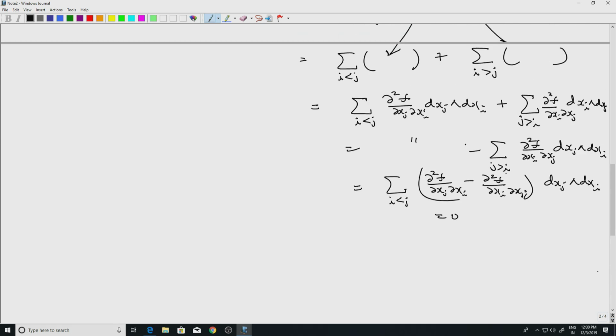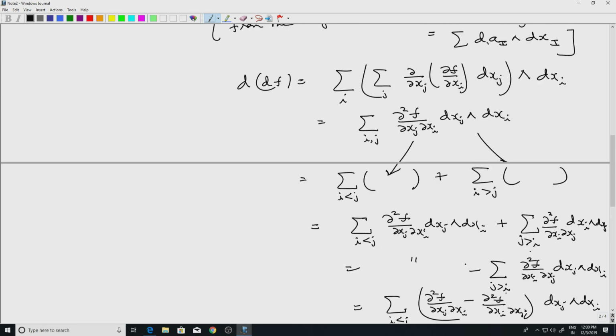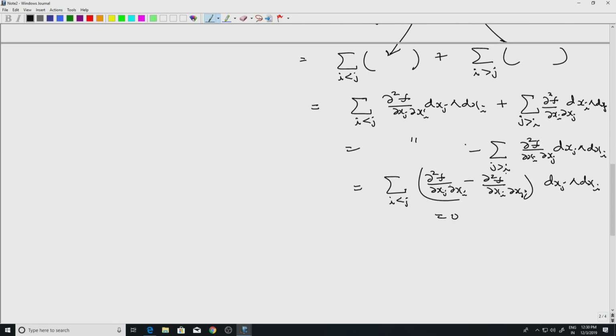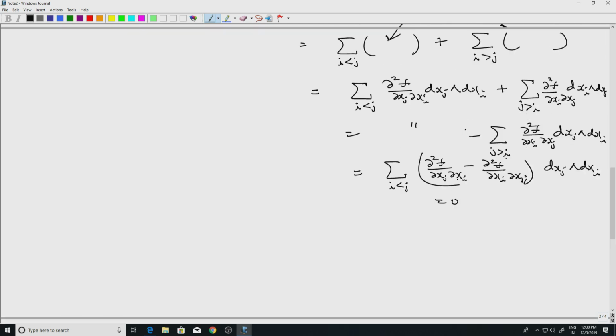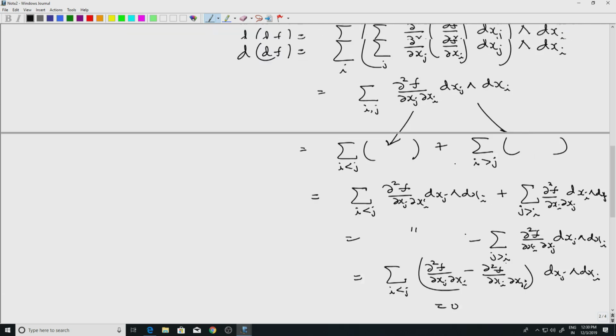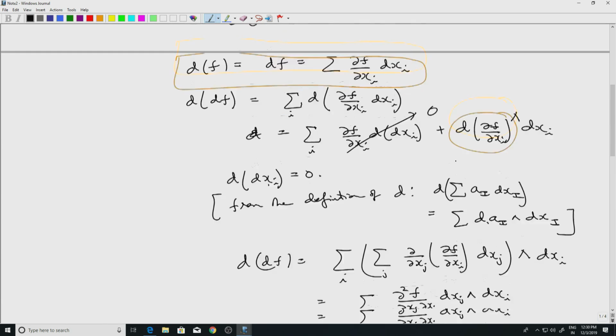So ultimately the fact that d composed with d is 0 boiled down to just the equality of mixed partial derivatives for a smooth function, at least for zero forms.